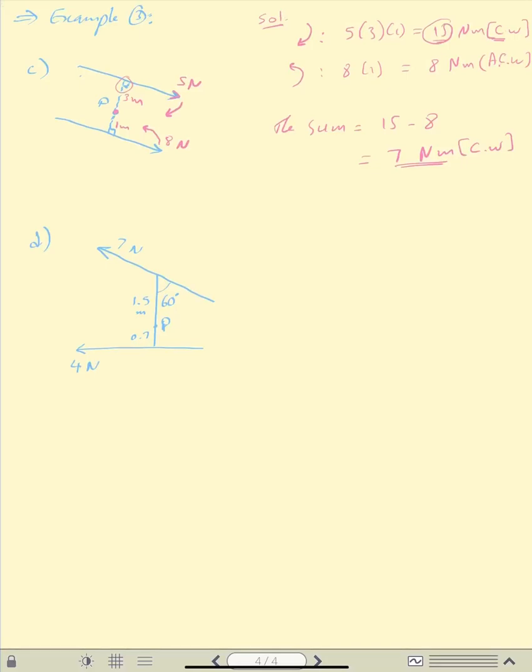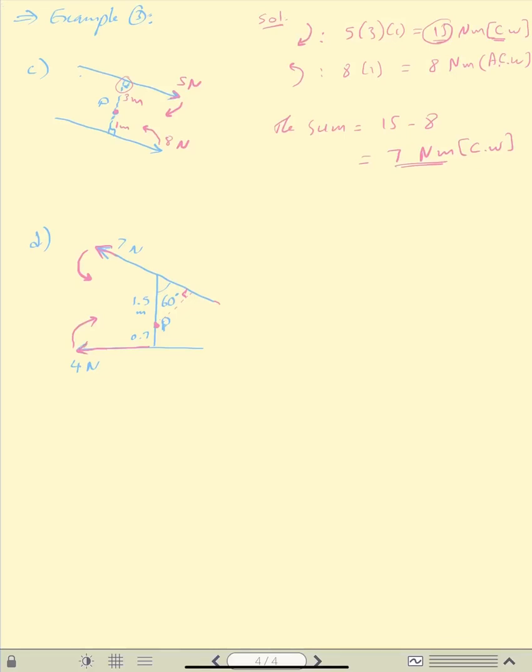The last part of our introduction today with moments. We have the force 7 Newtons here and 4 Newtons here, and this is P. So this is the distance we are using here. This is P, this is the direction of 7 Newtons, this is the direction of 4.